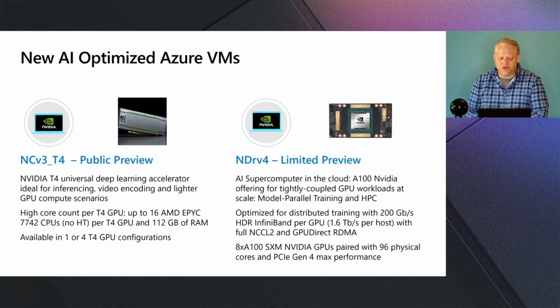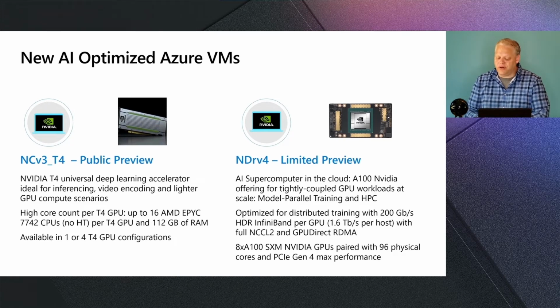Moving on to our AI optimized and GPU optimized instances. The first one that I want to announce is the public preview of the NCasT4_v3 instances. This is with the NVIDIA T4 deep learning accelerator. And so this is a great GPU-based machine for inferencing, video encoding, and some of the lighter GPU compute scenarios.